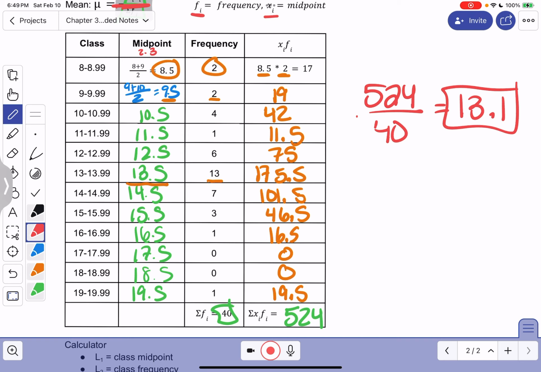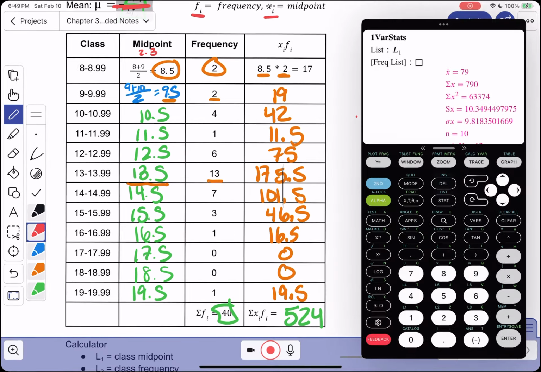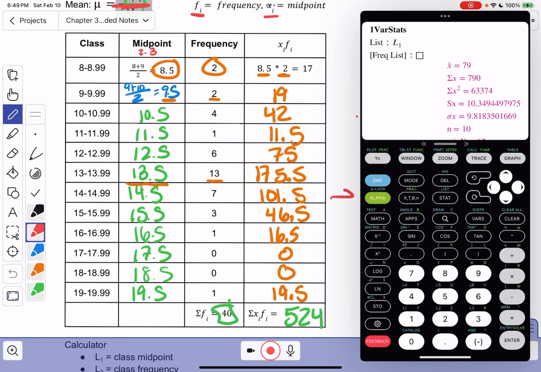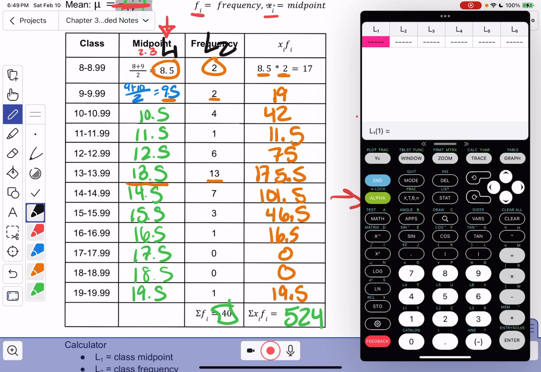Now, that's a lot of work when you have a lot of data. So I'm going to show you how the calculator will do it. Go to your stat. You hit the stat button and then you hit edit. You're going to arrow up if you need to clear it out. What we're going to do is put the midpoint in L1 and the frequency in L2.